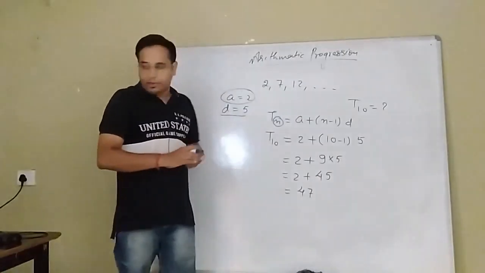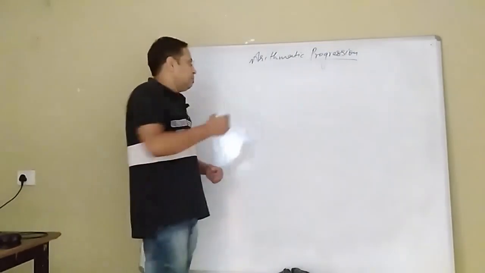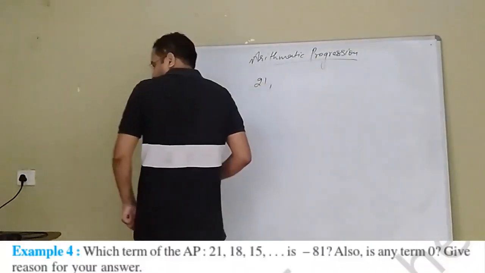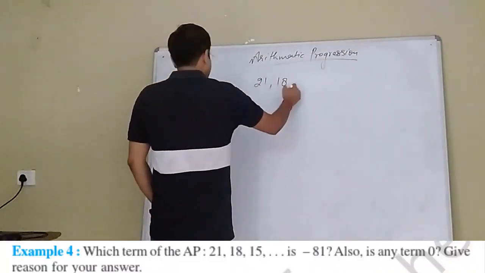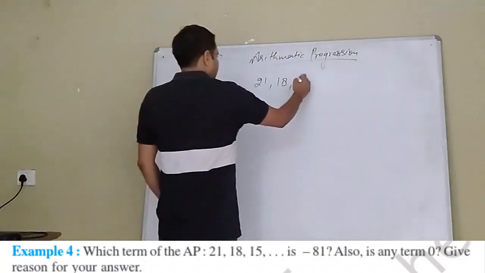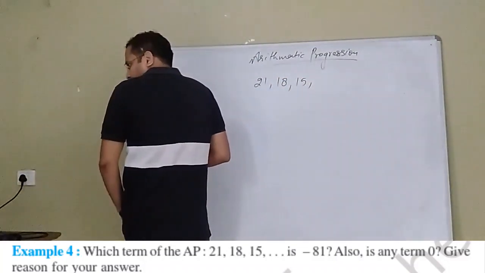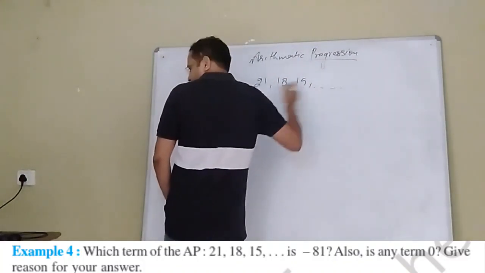Isn't it? Now let's move further. An AP is given: 21, 18, 15, 12, and so on. Which term of this AP is minus 81? Also, is any term 0? Give reason. Check. I believe that you people are having your books with you while attending the class.